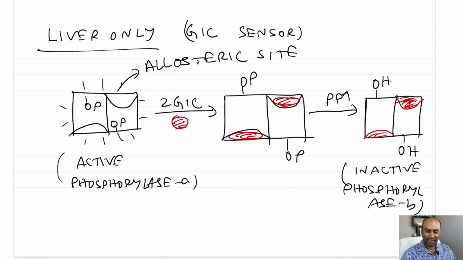So glucose will bind and it will again induce a conformational change in the enzyme. It will expose the phosphate groups. Okay, so this is glucose bound in these two pockets. Then the phosphatase will come and hydrolyze, so you make the free OH groups, which is now the inactive form. So this is an extra mechanism by which the liver glycogen phosphorylase activity is shut down, and it makes total sense.